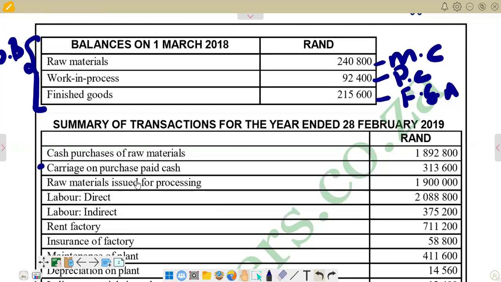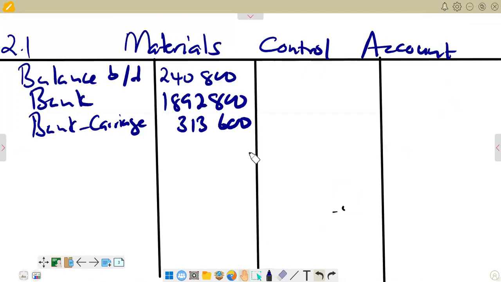So we are crediting the material control with 1,900,000, and we are going to debit the production control with also 1,900,000. That's the double entry concerned with this transaction. We do the credit side of the material control, and the amount we transfer to production control, that's where the processing is going to take place, is 1,900,000.